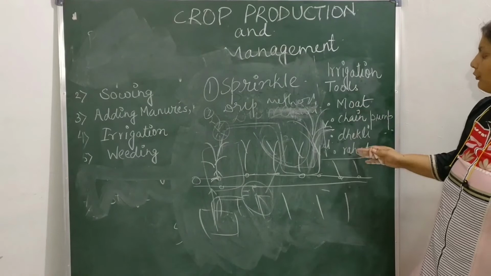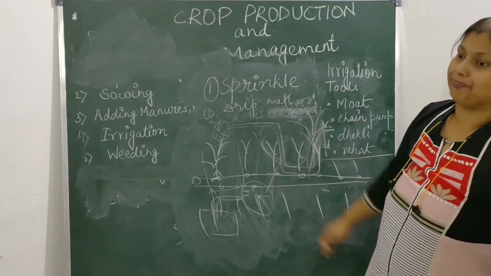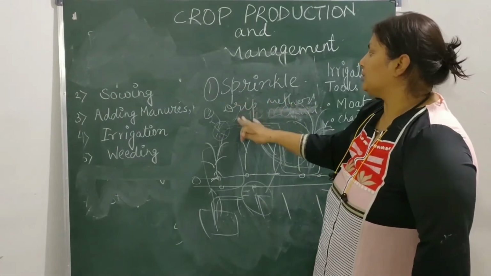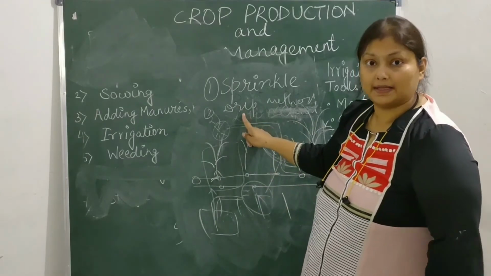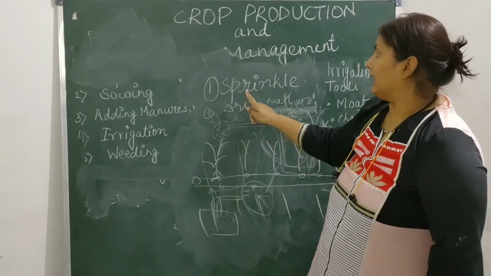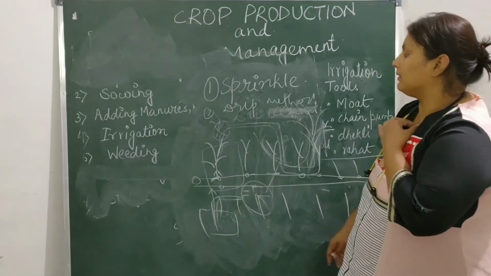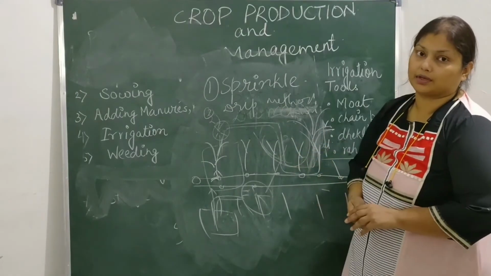So these are four traditional methods, and these two are the modern methods. Between these two, the drip method is very important. One thing is that it is expensive, and the sprinkler is less expensive as compared to this one. Mainly farmers use the drip method, and they also have good crop production.